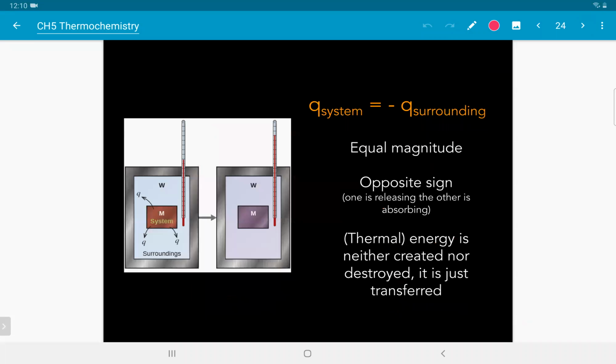All right, so then here's where the math starts to come into play. So the heat of the system is equal to the heat of the surroundings with just opposite signs. Okay, so they're equal in magnitude. That would be like saying 50 joules is going to be equal to negative 50 joules.